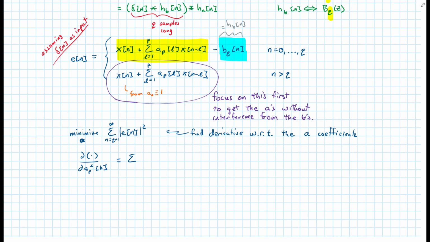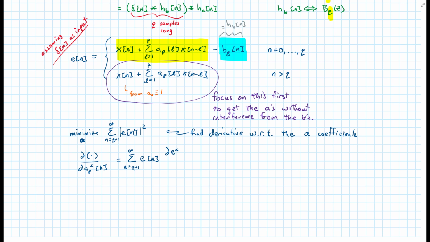And so we get now the sum of n equals q plus 1 to infinity of e of n x star of n minus k equal to 0. Actually, I guess I skipped a step. Let's put this in just to make it clear.